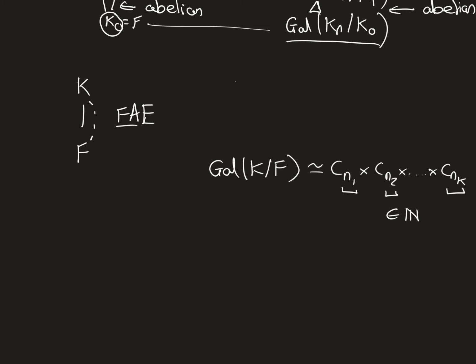So that's the fundamental theorem of finite abelian groups. It tells me that my abelian group is isomorphic to a product of cyclic groups. I'm not going to prove the fundamental theorem of finite abelian groups. I'm going to assume you know it. It can be proven reasonably easily just applying an inductive type argument and using Cauchy's theorem.